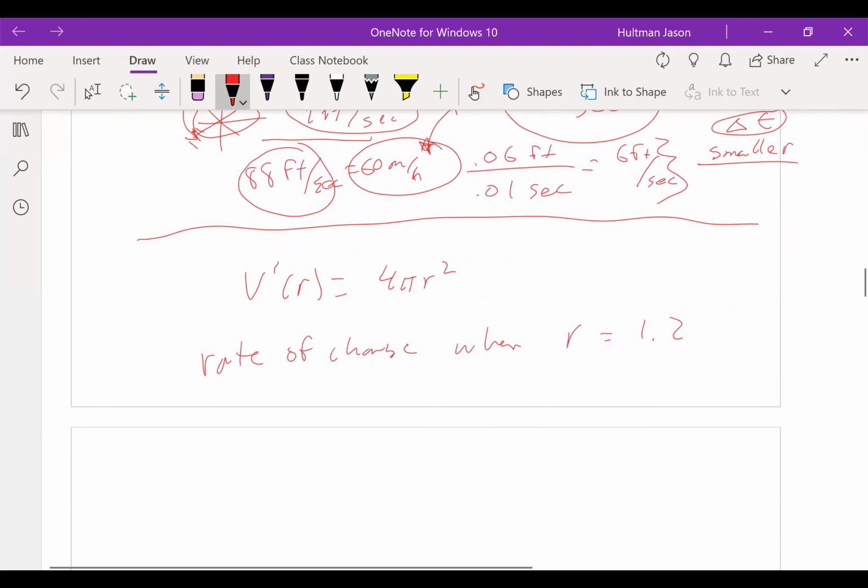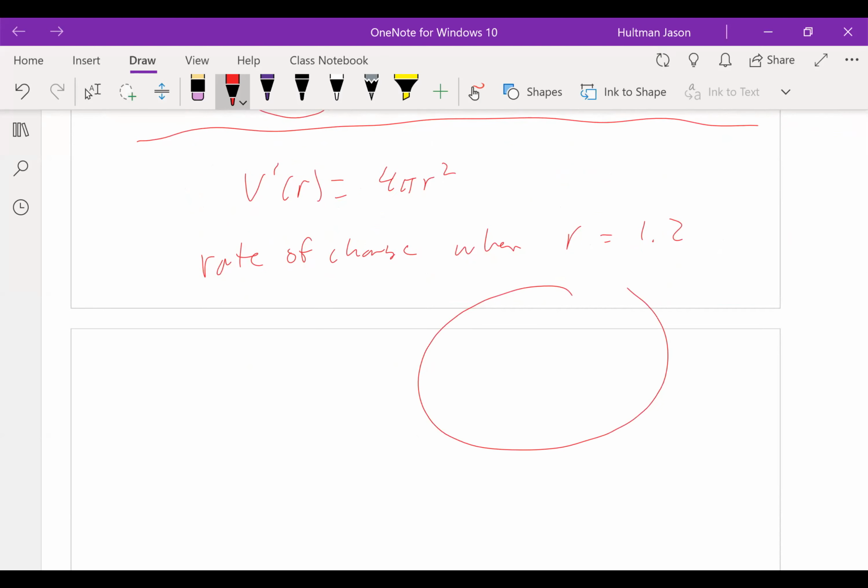Say that I'm blowing up a balloon. I want to know when r is 1.2, how much is the volume changing with respect to the radius? If the radius is changing, I want to know how much the volume is increasing when the radius is 1.2.